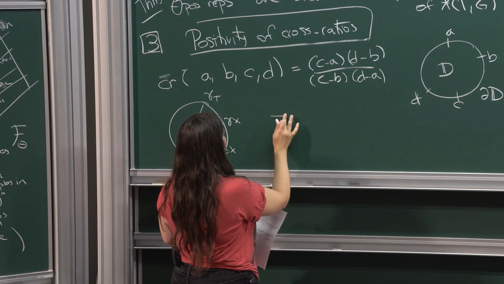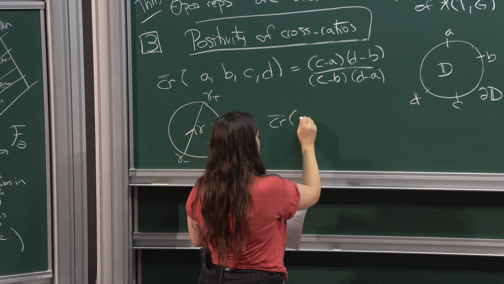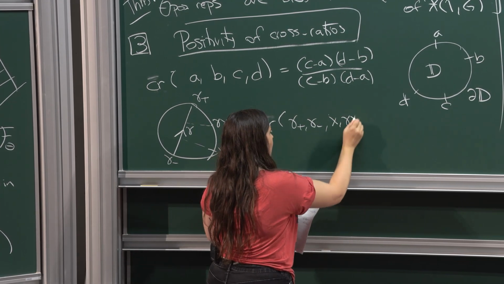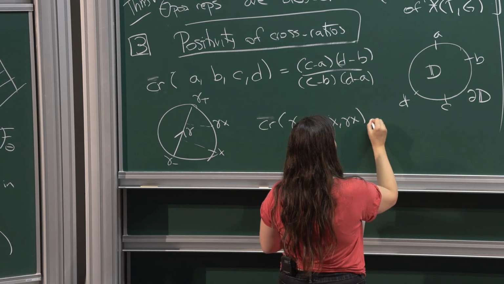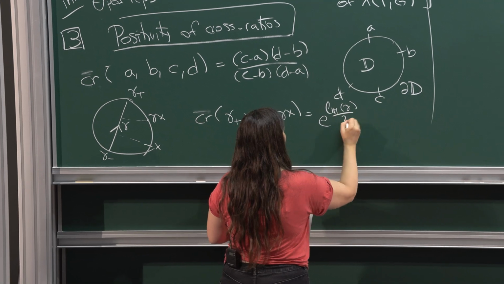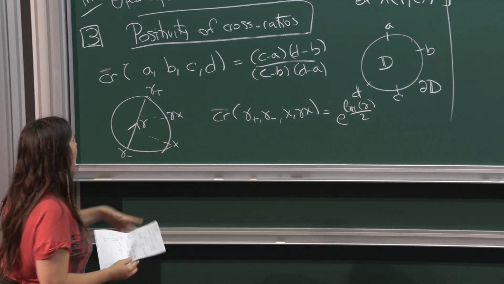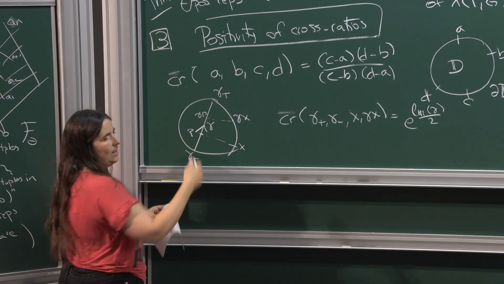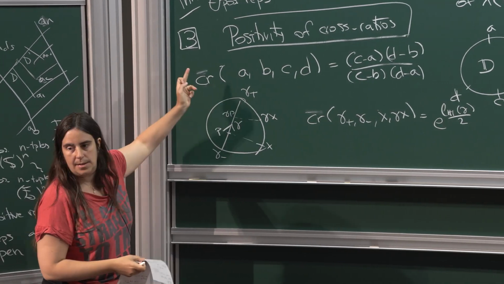Then we have that the cross ratio of gamma plus, gamma minus, x, and gamma x is e to the hyperbolic length of gamma over 2, where the hyperbolic length is the distance between p and gamma p, for any point p, and its translation on the axis.